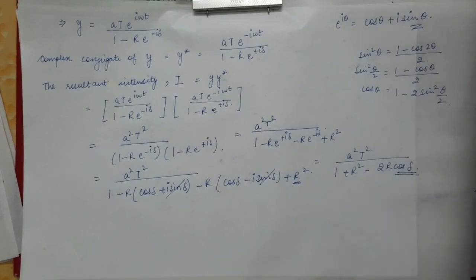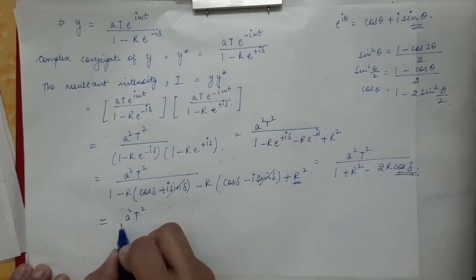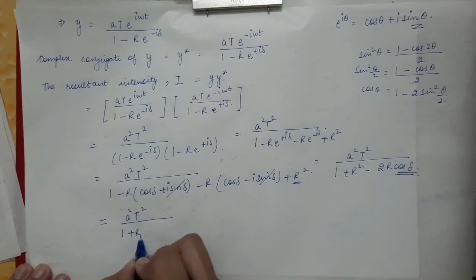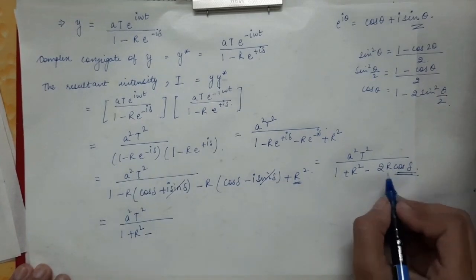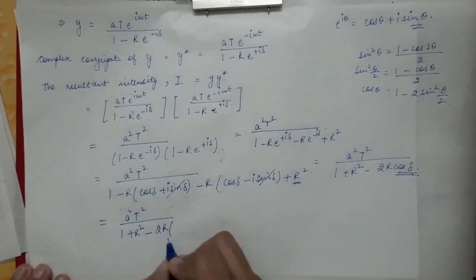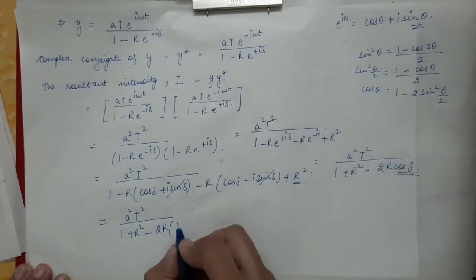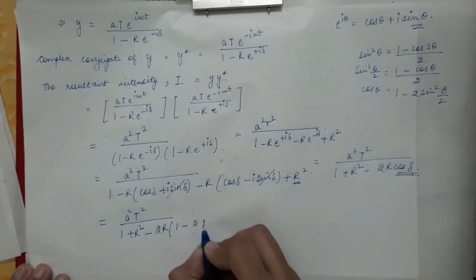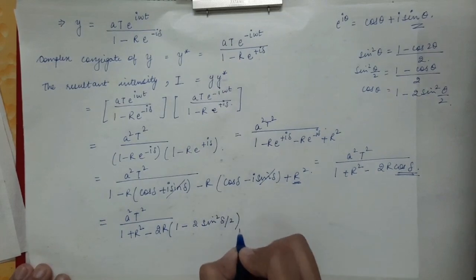Now you put the expression of cos δ. It will be a squared t squared over 1 plus r squared minus 2r, as it is, into cos δ. What will be cos δ? It will be 1 minus 2 sin squared δ by 2.